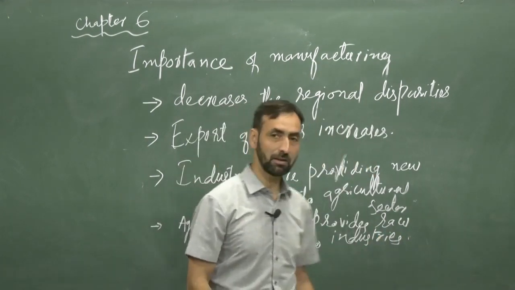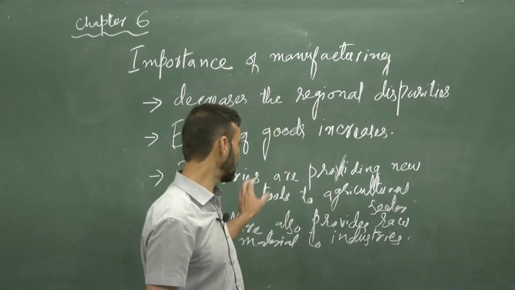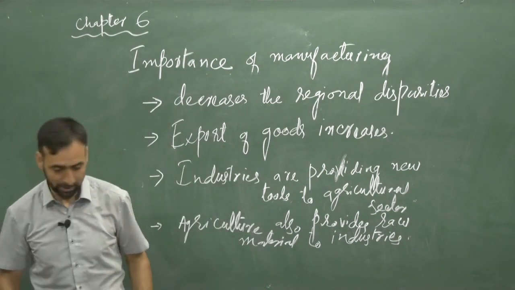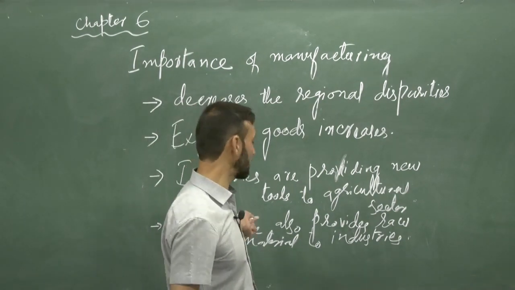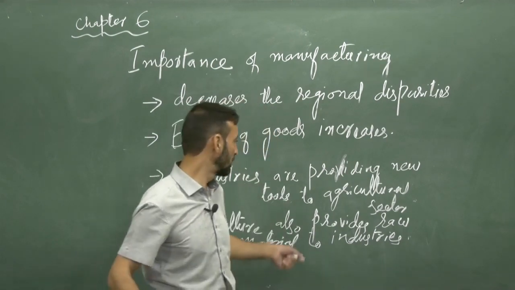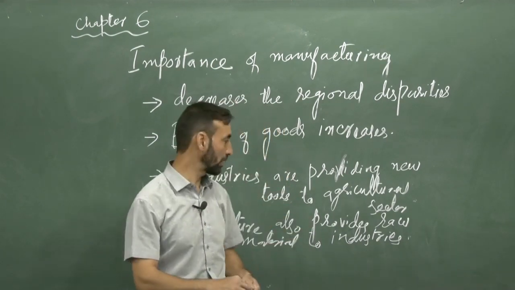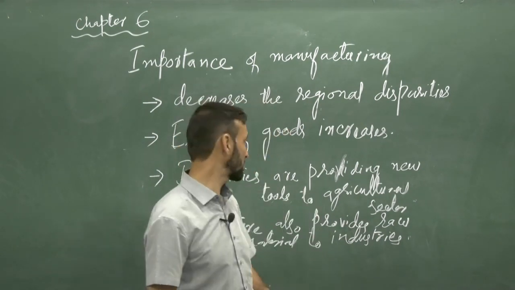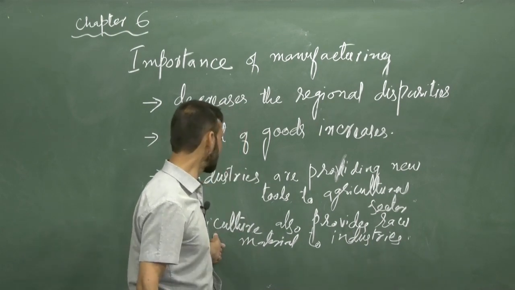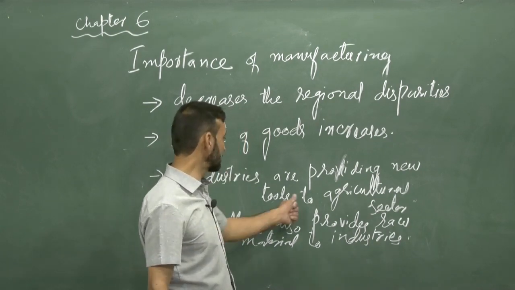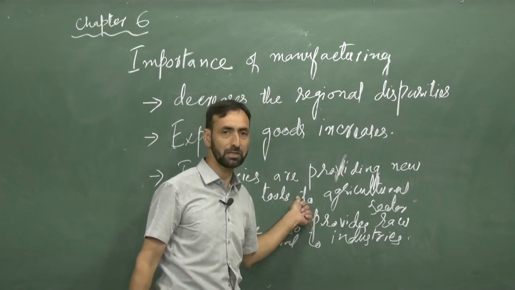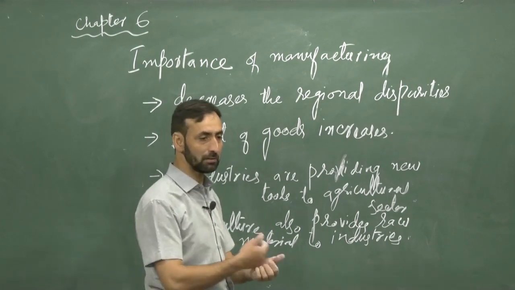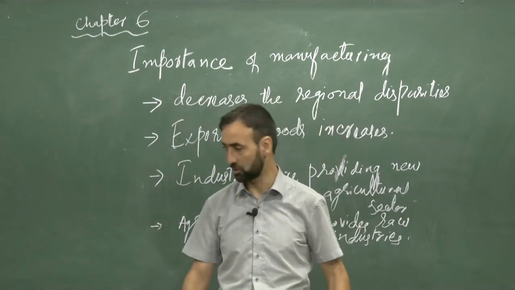Industry can run only when it has its raw material. Its basic thing is raw material, which it will get from the agricultural sector and also from mining. Agricultural sector is one option from which industries are getting things, through which industries are also benefited, and the agricultural sector is also getting new tools and techniques, biochemical fertilizers, pesticides, weedicides, and so on. At that time they help and support each other.